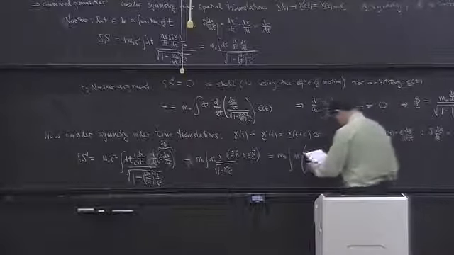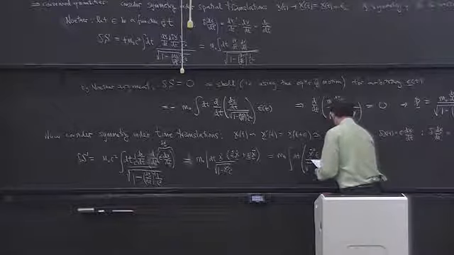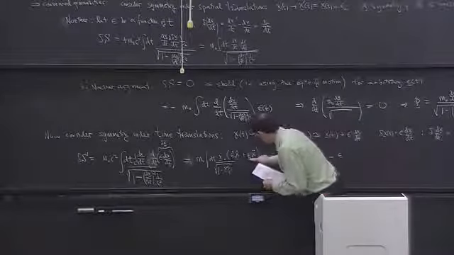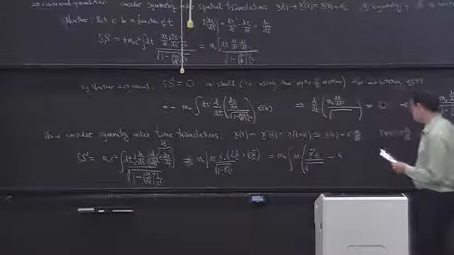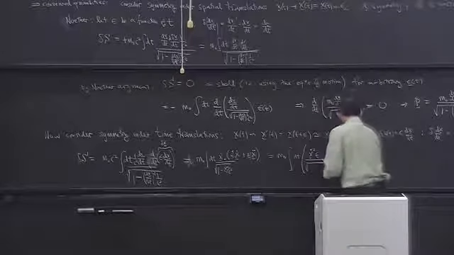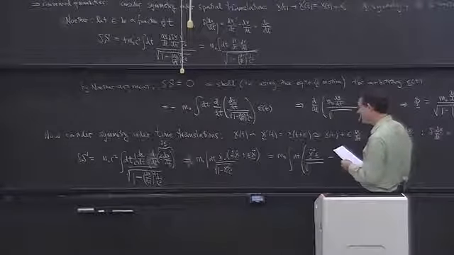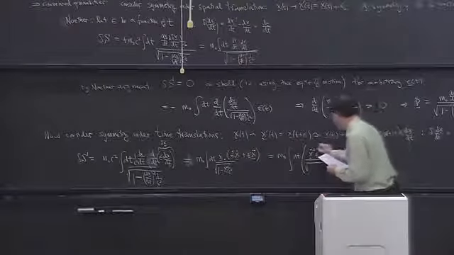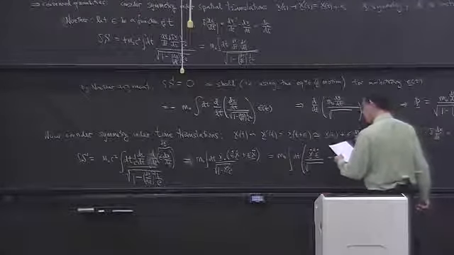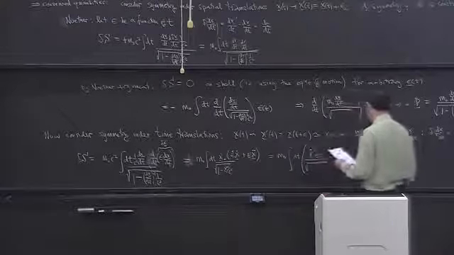That's the first term. And the second term, I can integrate by parts, minus, this is not a vector, sorry, this is a dot product, and epsilon is a scalar quantity. Minus, so here I'm integrating by parts. Should there be a square dot? Sorry? In the first term, epsilon dot. Thanks. Epsilon dot. Sorry, the second term, I'm not integrating by parts. I'm just writing this as a derivative.